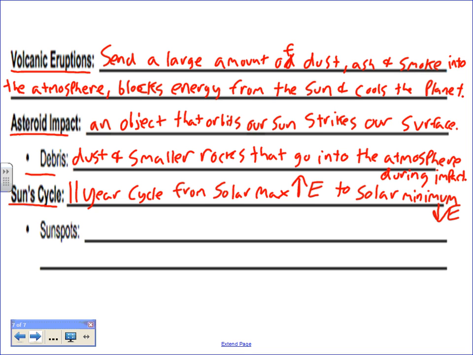Okay? And another thing with the sun are sunspots. Sunspots affect our climate, and they're dark spots on the surface of the sun.